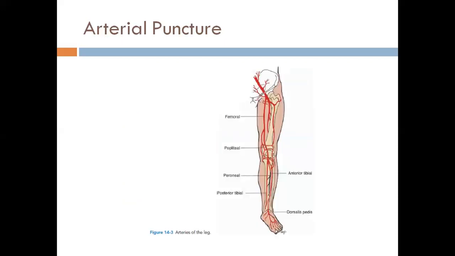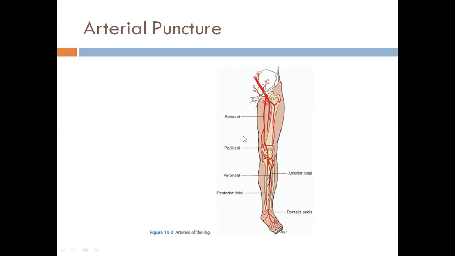So this is the picture that shows you the arteries present in our legs. We have here the femoral artery, located in the groin, lateral to the so-called pubis bone.